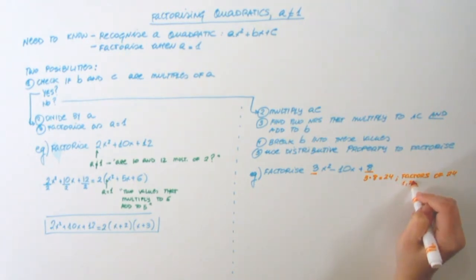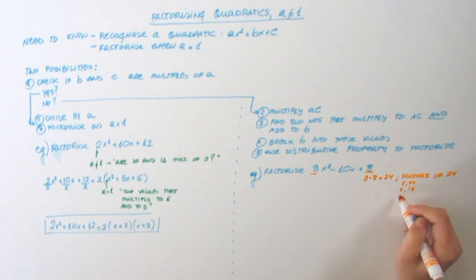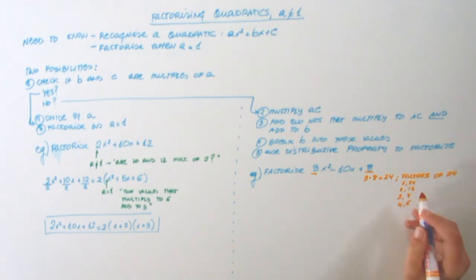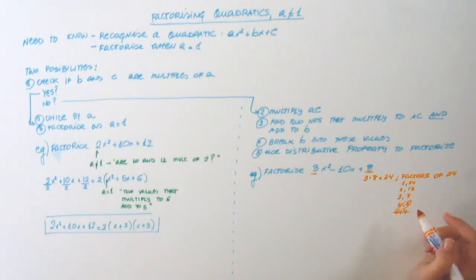Two numbers that multiply to 24. I start looking: 1 and 24, 2 and 12, 3 and 8, 4 and 6, and remember, as soon as you've got one repeated, you don't need to keep on searching, you've got them all.